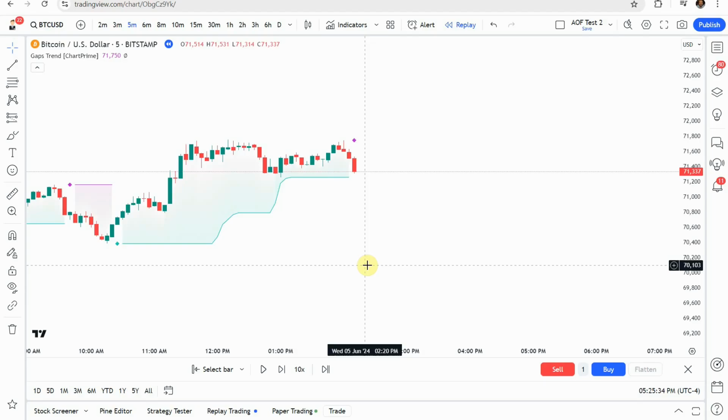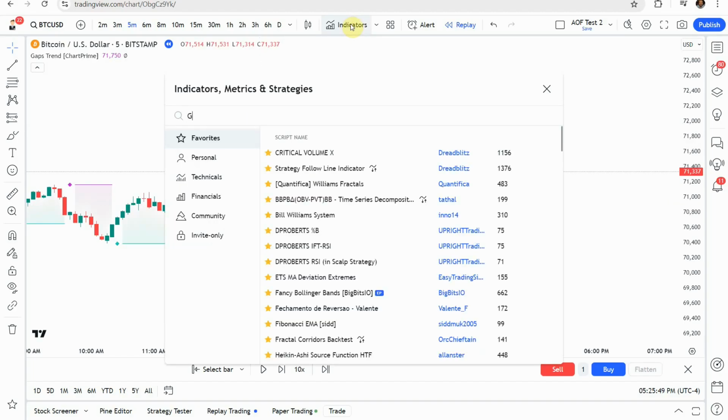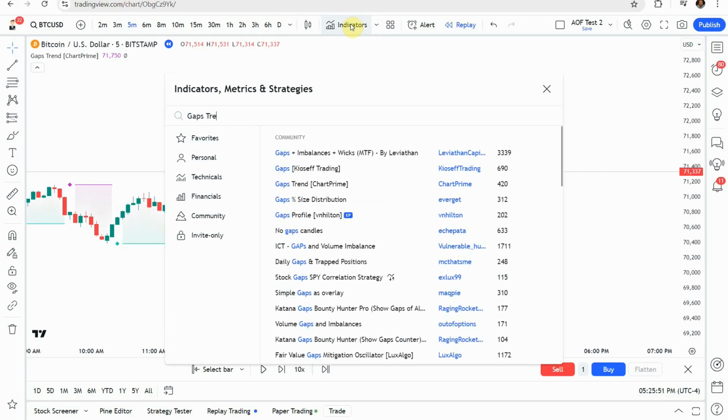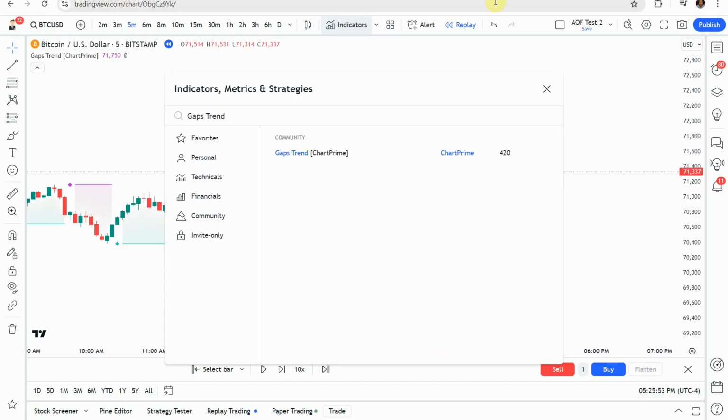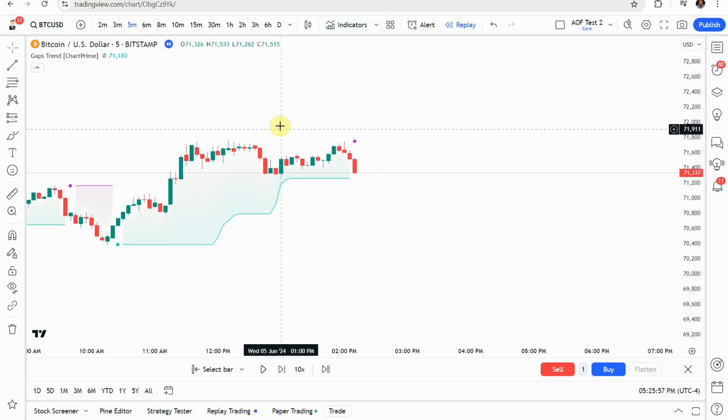If you're interested in it, you can look up the indicator and it'll go into a more detailed description and analysis of the indicator itself. The indicator is the gaps trend indicator. If you just type in gaps trend, it's going to be this one right here. Go ahead and click on that and add it to the screen.